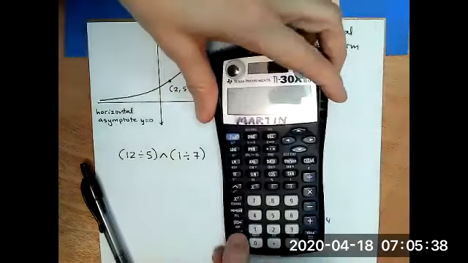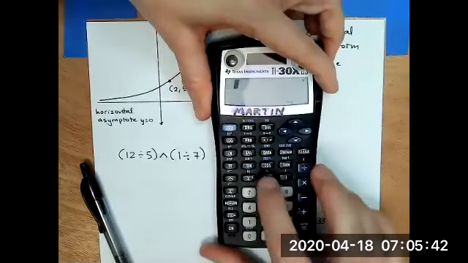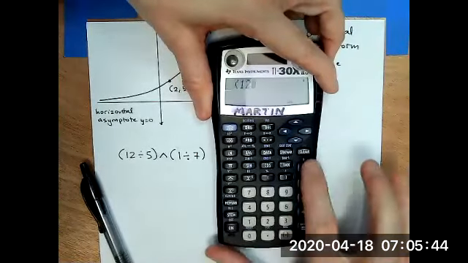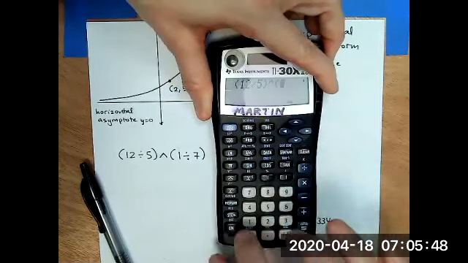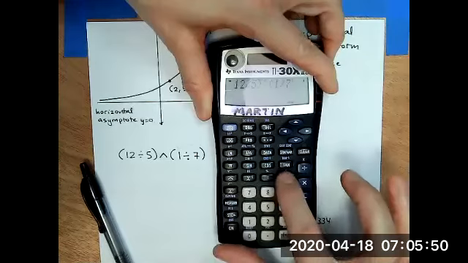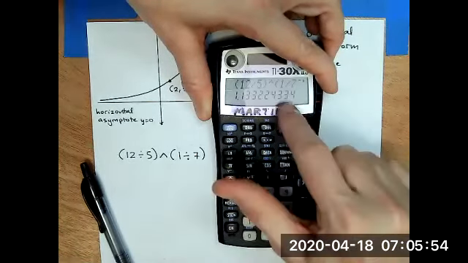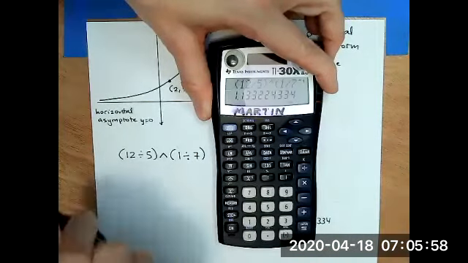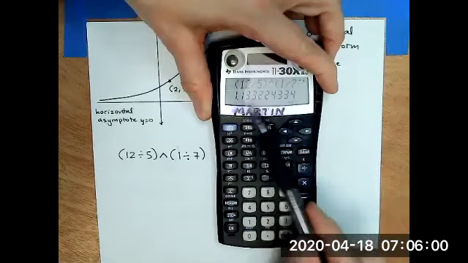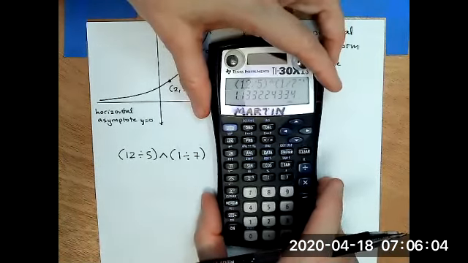Let's do it together. Twelve fifths. There's your exponent key. 1 divided by 7. And the calculator stores your last value. So let's leave it in there because rounding errors can really affect your answers in exponential functions.